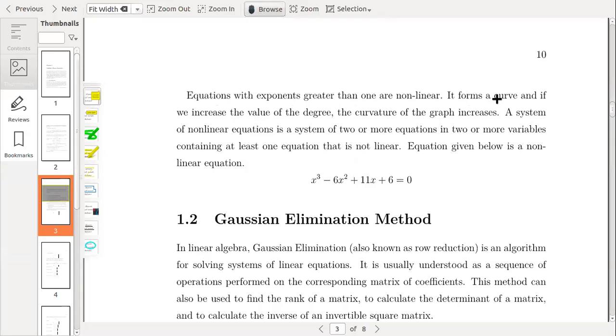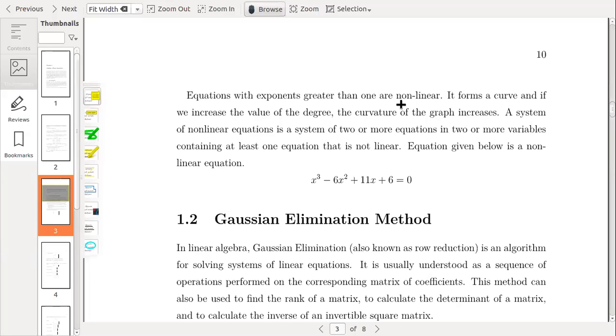It forms a curve, and if we increase the value of the degree, the curvature of the graph increases. So we have another identification. The graph of a linear equation will always be a straight line, and the graph of a nonlinear equation will always be like a curve. Okay, so there are two identifications of a linear equation.